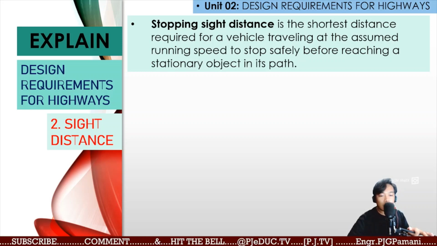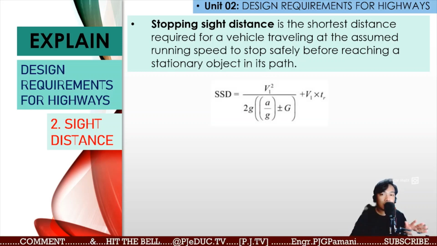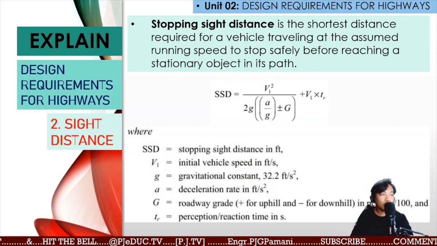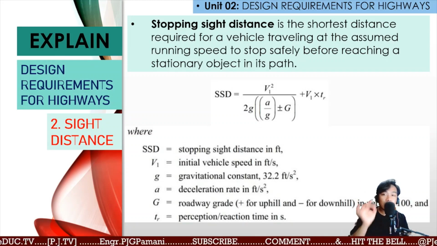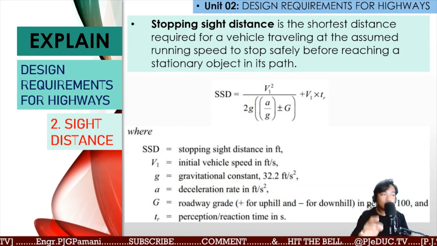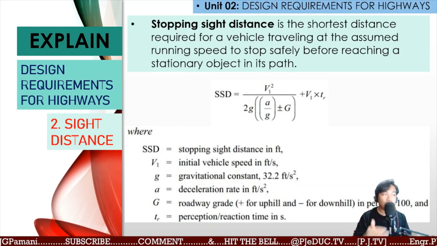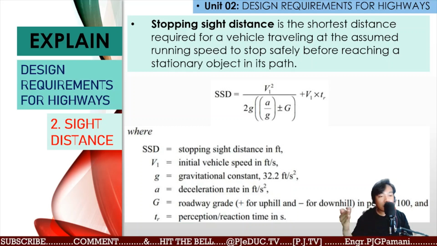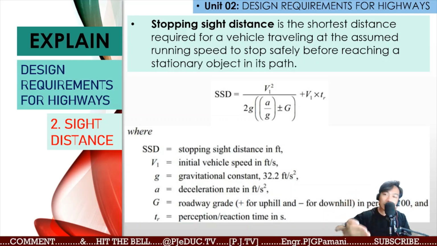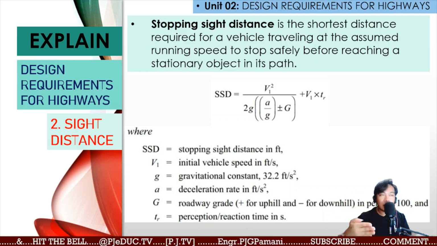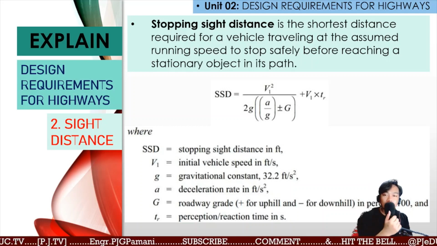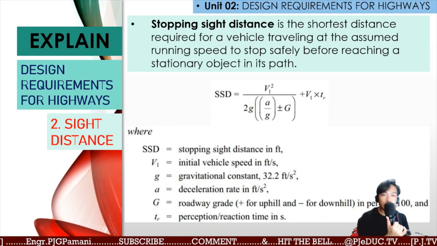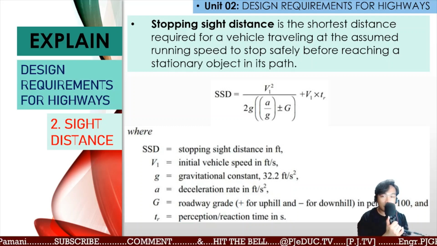An example of this without using the table is this formula, where SSD is basically your stopping sight distance, V1 is the initial velocity or initial vehicle speed, which is in feet per second. While driving on a highway, this is our constant initial speed. Then g is the gravitational acceleration, 32.2 in English and 9.81 in metric.